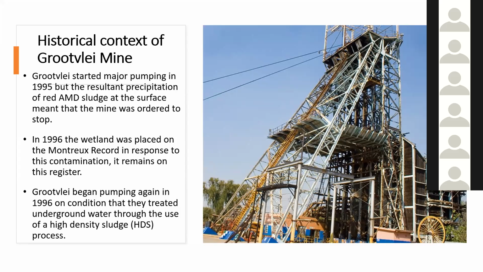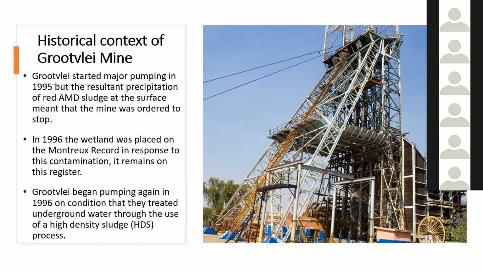And actually, the wetland still remains on this register. So the Montreux record is basically a register that lists potential or endangered Ramsar sites. So Ramsar sites that no longer meet the Ramsar Convention standards.